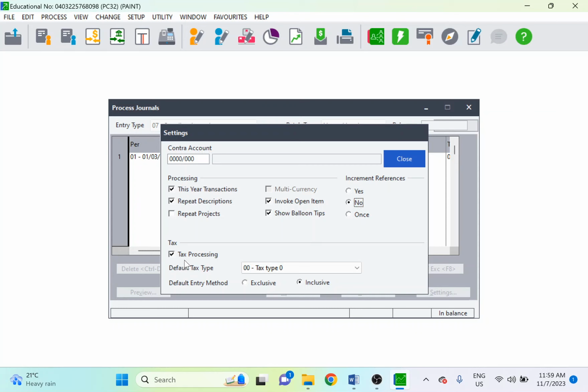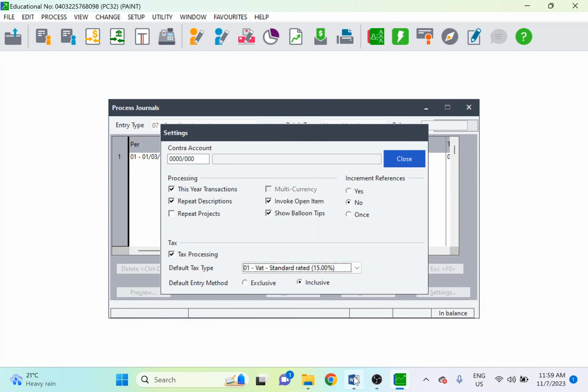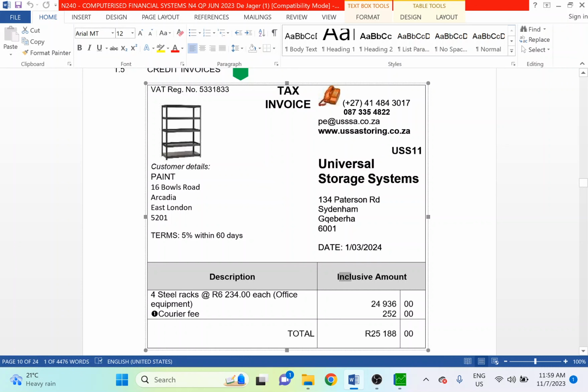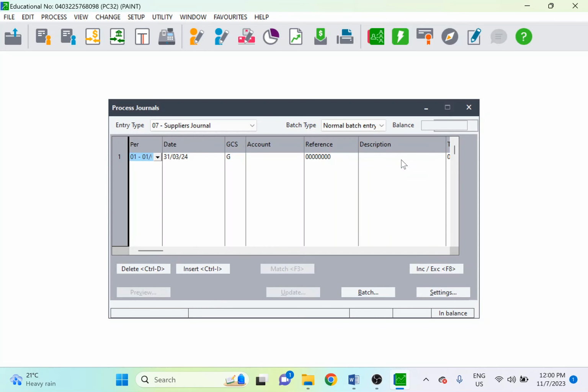Now under text processing, it has to be ticked. Text type, it's standard rate. Now all our invoices are inclusive amounts, so under entry method, you select inclusive. That's it. Under settings, you click close.